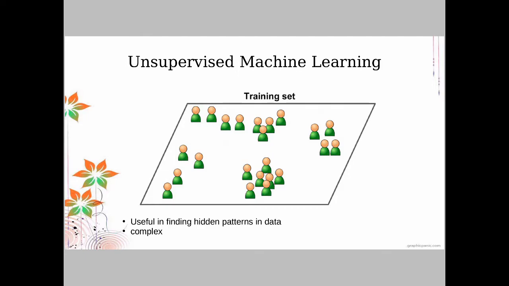Examples of data used for unsupervised machine learning are gene expression data. We have thousands of genes being analyzed simultaneously, with microarray or RNA-seq. You have thousands of them.